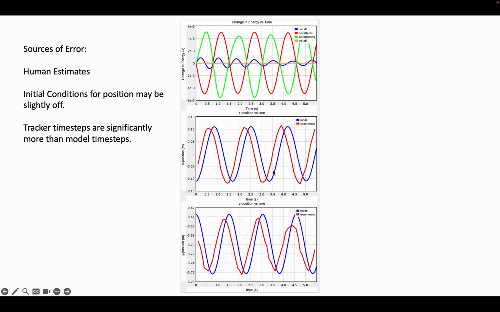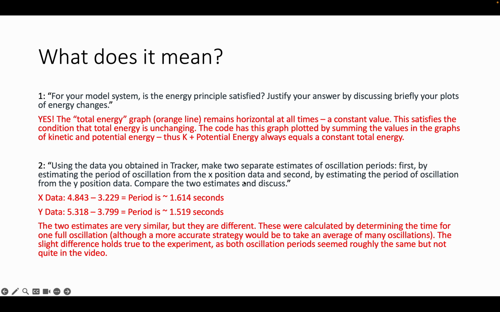But otherwise, the period of oscillation is modeled very well for both the x and the y. And I discussed that the y is most likely due to the fact that we didn't calculate for things such as air resistance that slowed it down in the y position, that we just didn't account for in the x position in the model. And other human estimates are also possible sources of error.